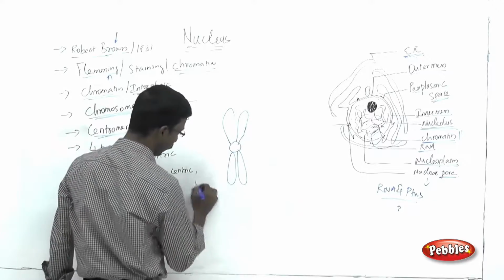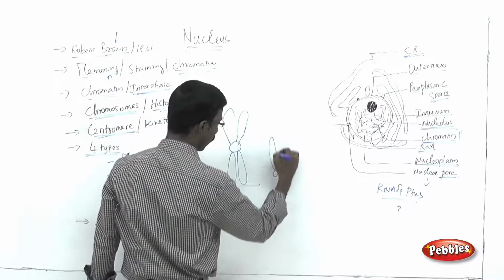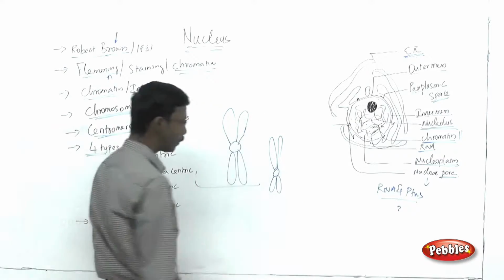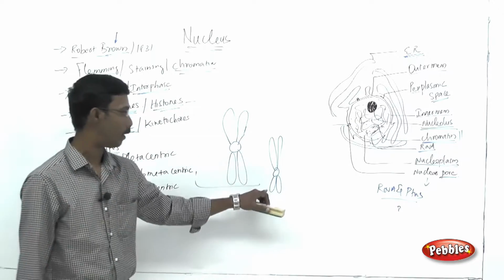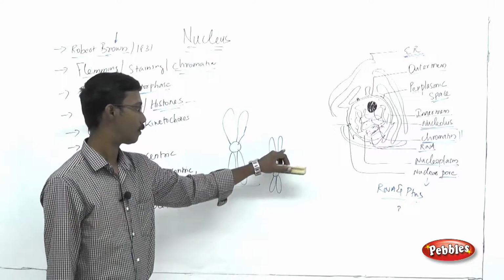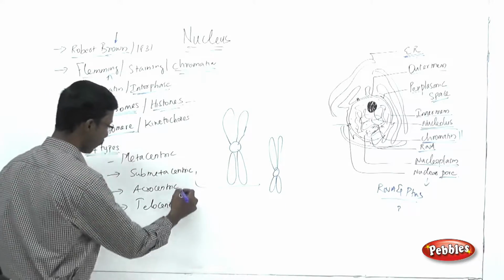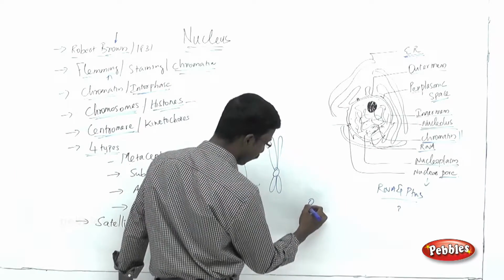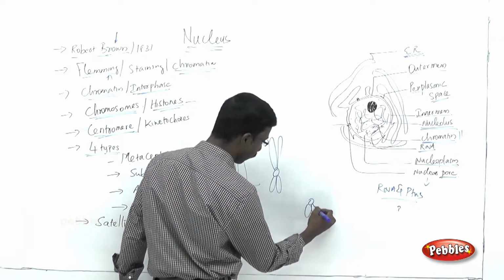Submetacentric, you can see it over here, an unequal distribution of the chromatids. One side of the centromere has shorter chromatids and the other side has larger chromatids. Acrocentric, over here you can see the differences, even much larger differences.